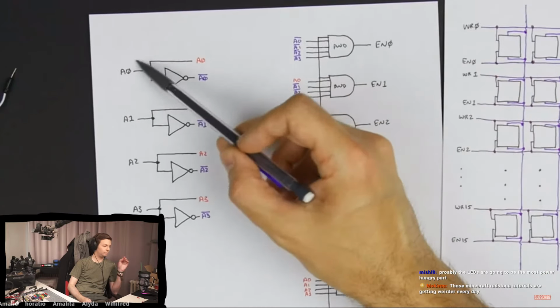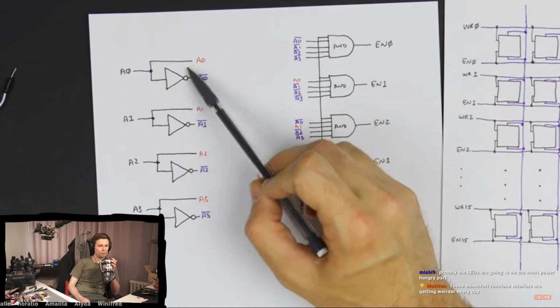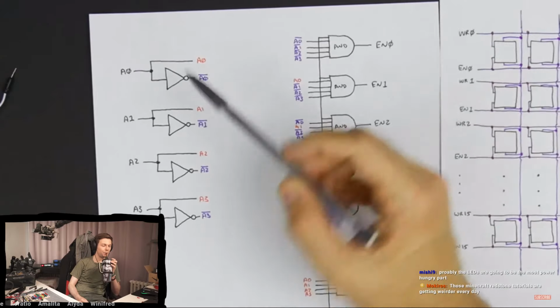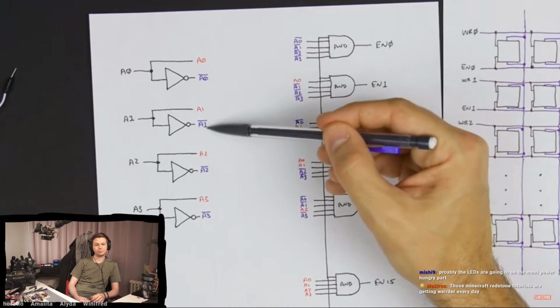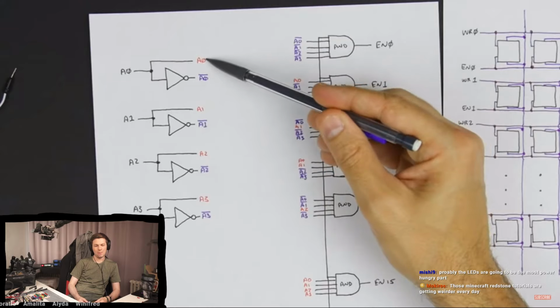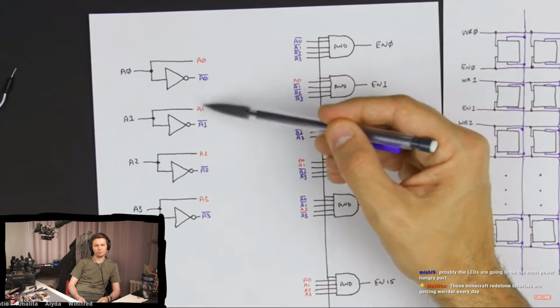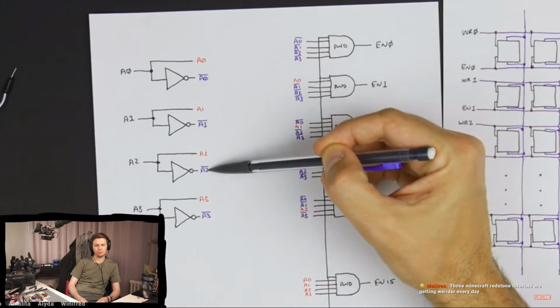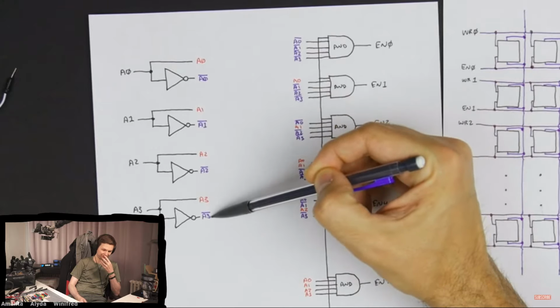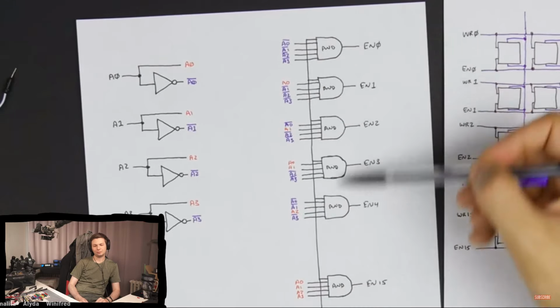Our address decode logic starts out by giving us the address signals and then an inverted copy of the address signals. So we have A0 and inverse of A0, A1, inverse of A1, A2, inverse of A2, A3, inverse of A3. And then we just have a bunch of AND gates.